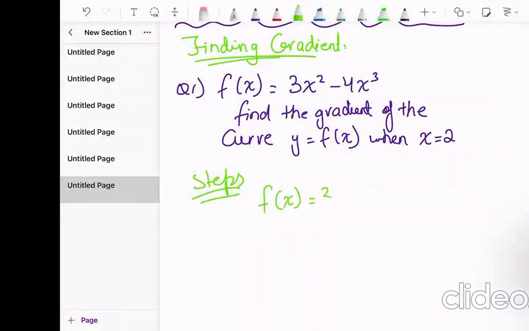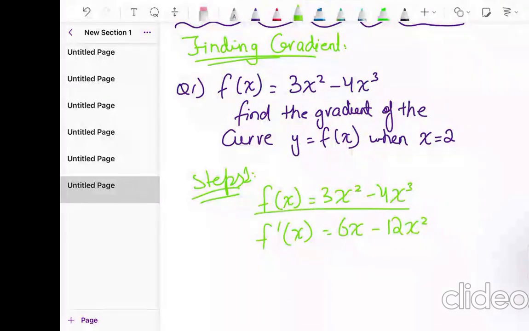Apply differentiation on the function, and we have done how to apply differentiation. So when we apply differentiation, this will become 6x minus 12x squared. Step number 1 is apply differentiation.